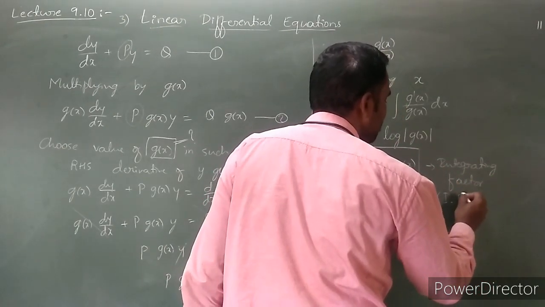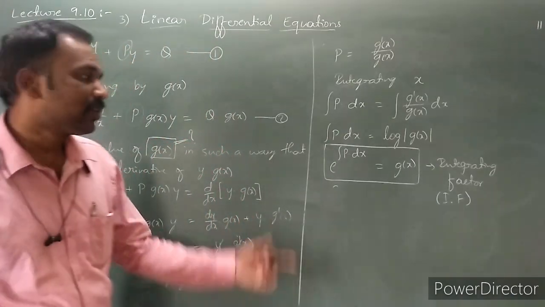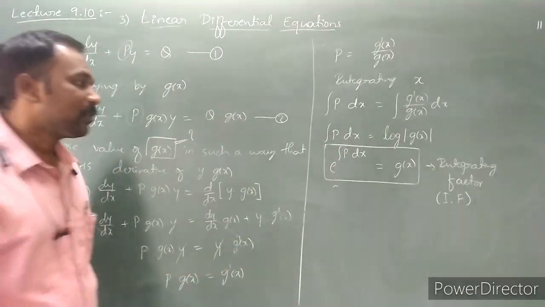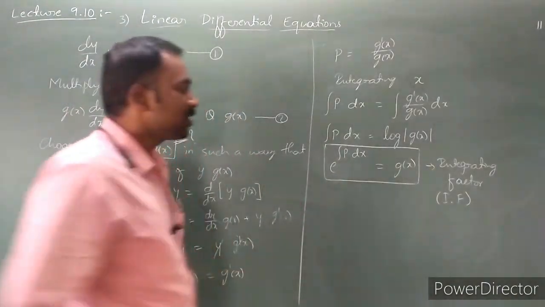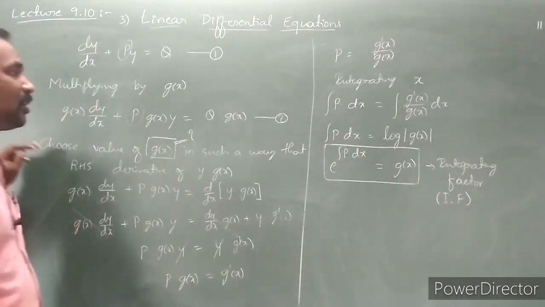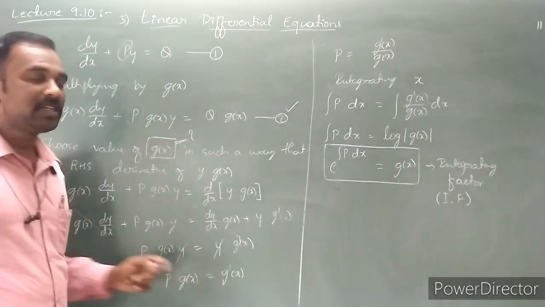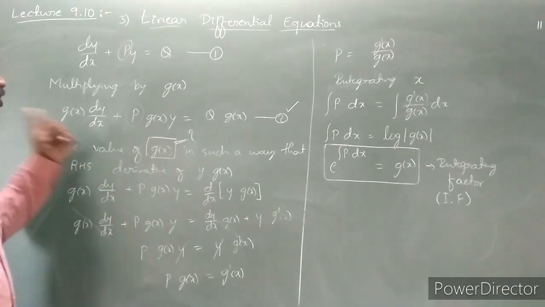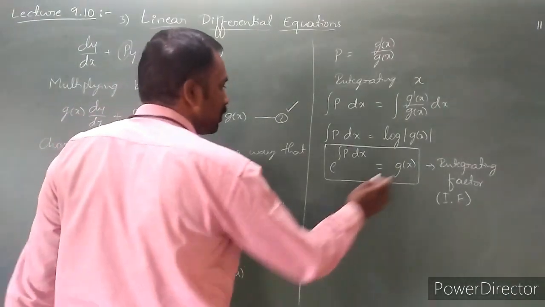Now simply write this as IF, which is nothing but the integrating factor. Now replace this integrating factor into equation number 2. What will we get for equation number 2?